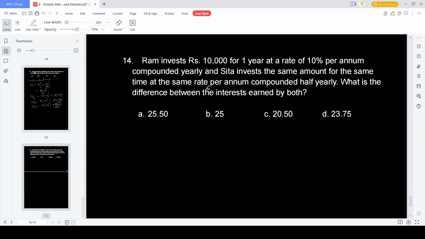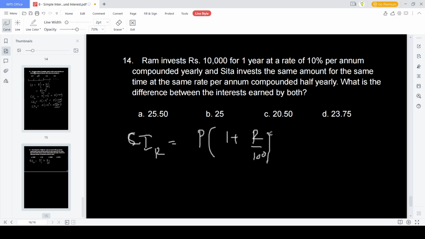Last question. Ram invests 10,000 for 1 year at a rate of 10% per annum, compounded yearly, and Sita invests the same amount for the same time at the same rate per annum but compounded half yearly. What is the difference in the interest earned by both? So first we'll calculate Ram's amount. It's principal into (1 plus rate by 100) because it is compounded annually.